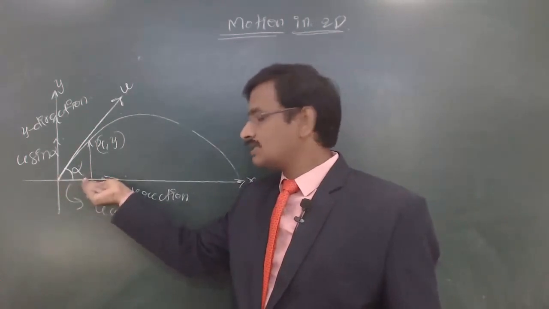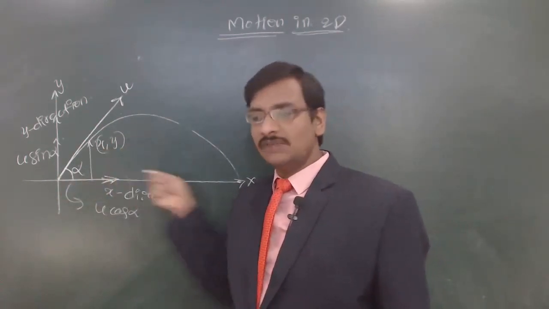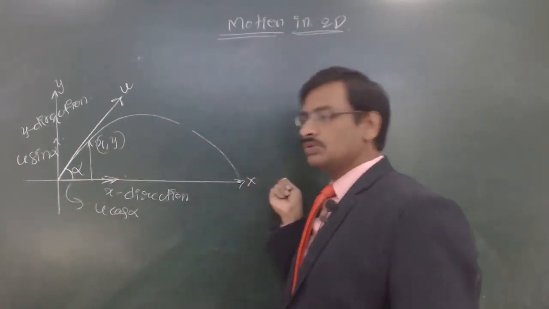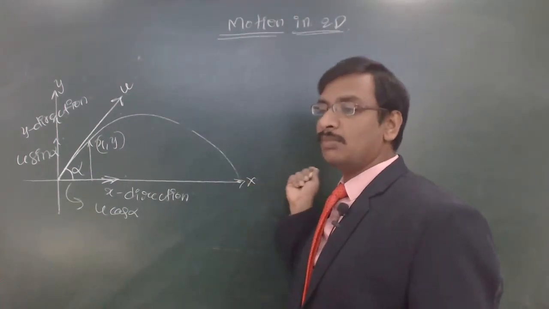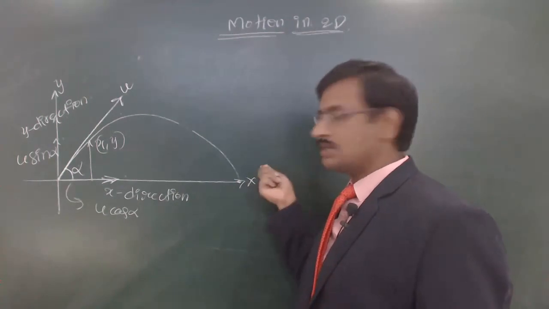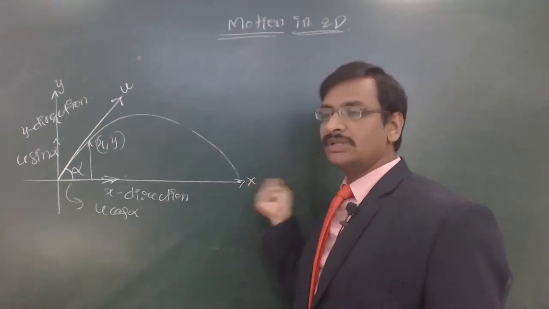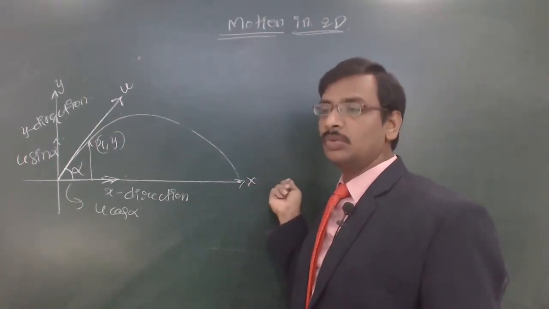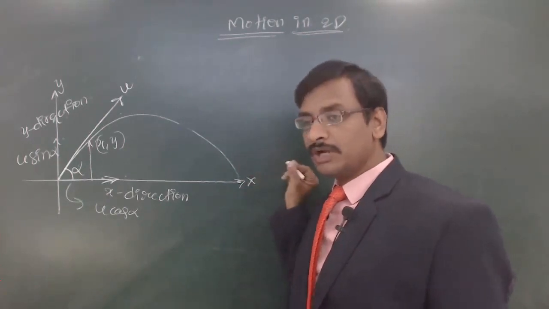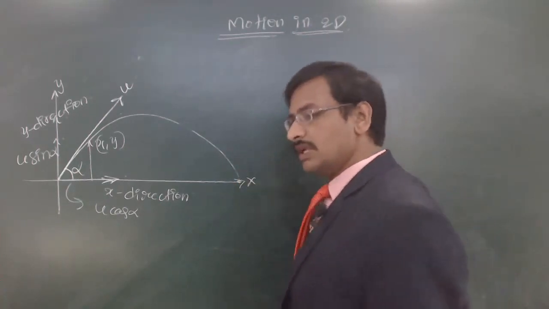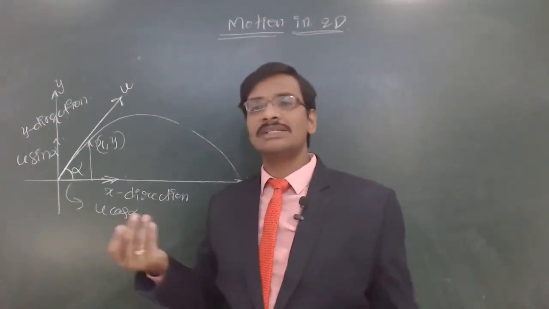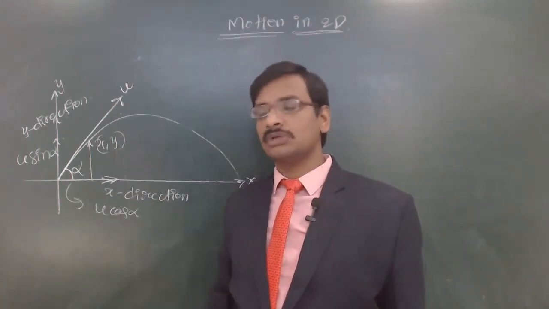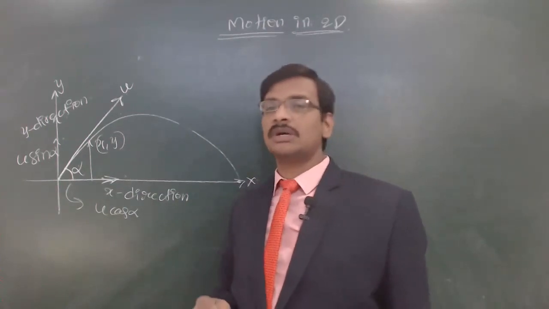And once it got a certain velocity, no other force is influencing it. That means it keeps on moving. Even after falling, it will try to move unless it is compensated by the earth's friction. Once it falls down onto the ground, the earth's friction comes into the picture, and that friction will try to stop it. Otherwise it won't stop. It will keep on moving. So if you move it on a smooth surface, as there is no friction, it will keep on moving unless a frictional force comes in.